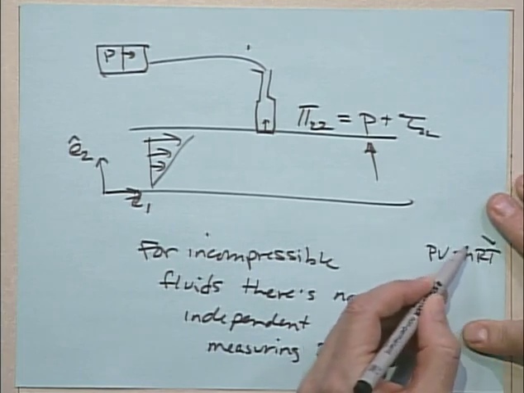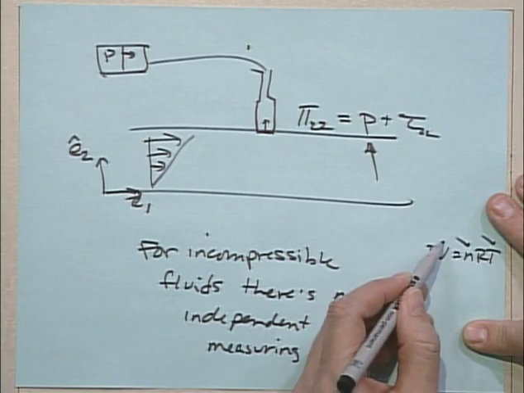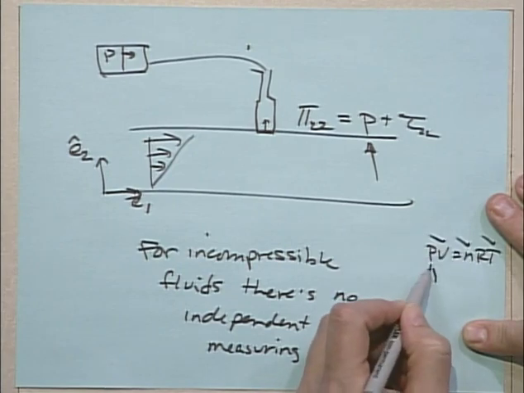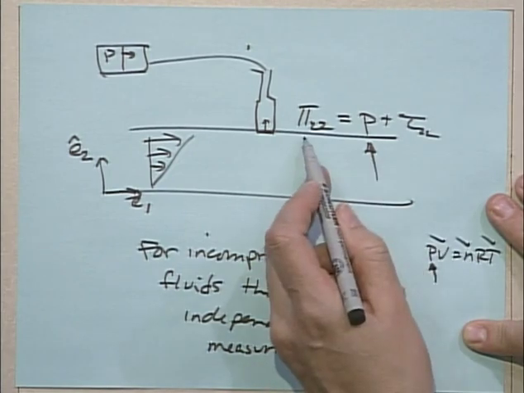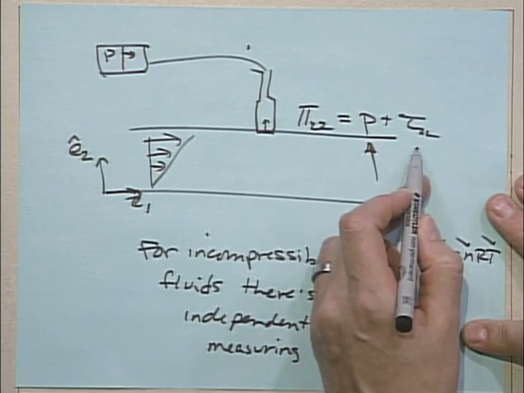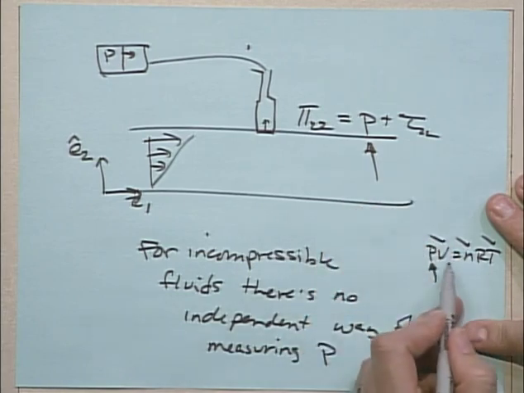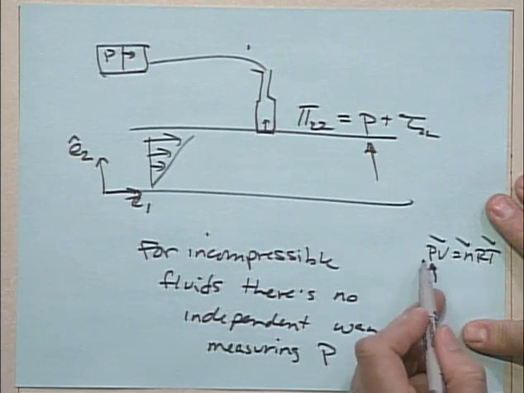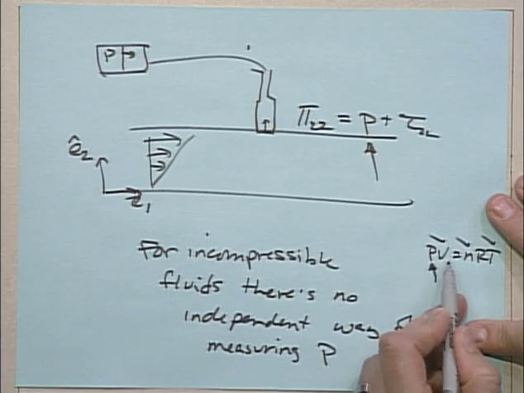We measure T, we measure number of moles, we measure volume, we deduce the pressure, we subtract it from the measurement, we get tau22, everything's fine. But that comes about because pressure and volume interact. The fluid responds to pressures with density changes, with volume changes.